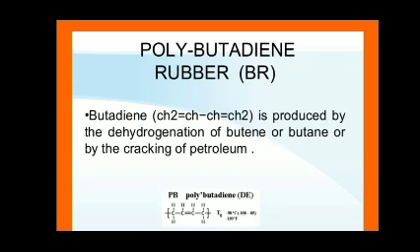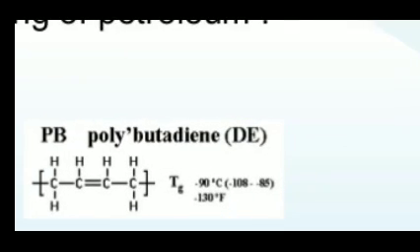Butyl rubber is prepared from butadiene. It undergoes addition polymerization to form butadiene rubber. See here the structure of butadiene rubber.